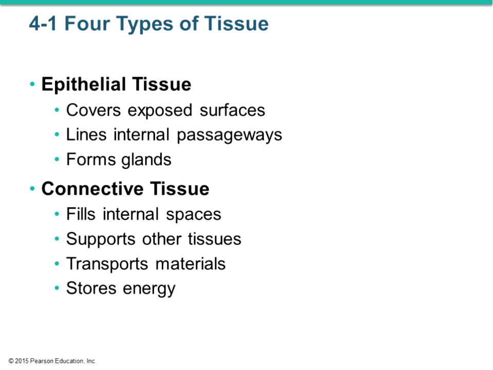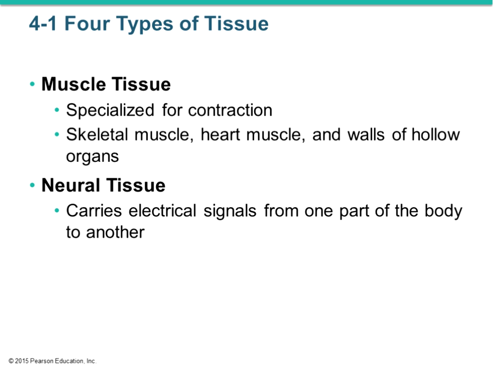Okay? So epithelial tissues, typically just cells is all that we're looking at. They cover exposed surfaces or line passageways. Connective tissues support what epithelial tissue is oftentimes attached to, but they can also fill spaces, support other tissues, etc. Muscle tissue, of course, contracts.